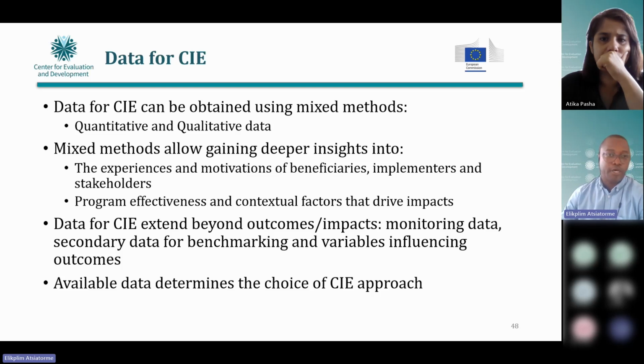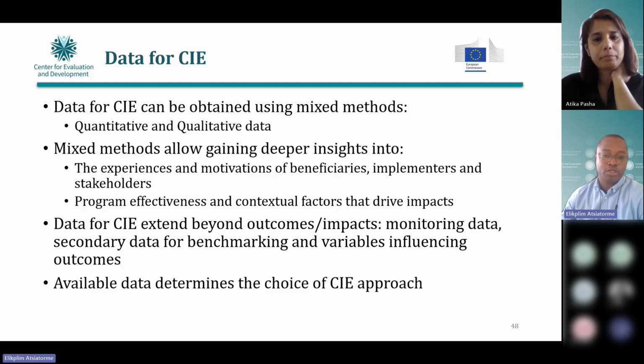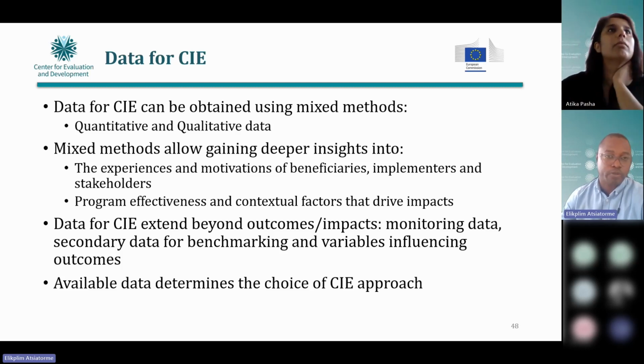And we talked about how mixed methods have helped in understanding not only the impacts with regards to beneficiaries, but also the experiences of implementers and other stakeholders, for you to also understand what processes went on behind the stages, such that the impacts that were measured actually came about.